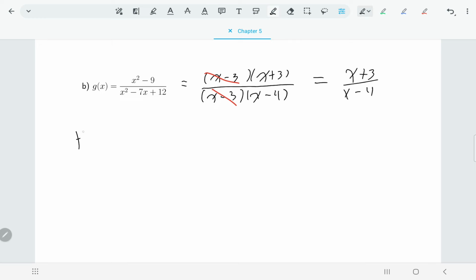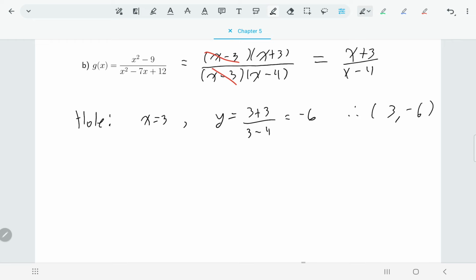So I know that I'm going to have a hole when x is equal to 3. And of course, if I want to know the y value, I need to put 3 into my simplified version of g of x. So 3, negative 6, that would be my hole that I have in my graph.